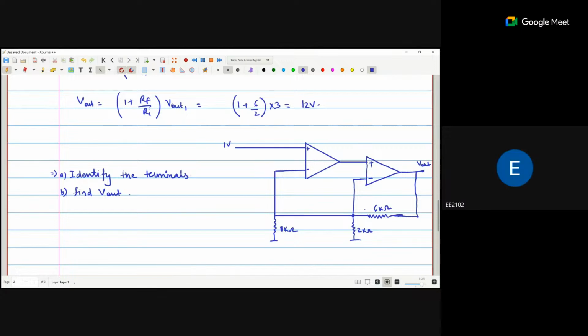Okay. Any other? Any other output voltage except 21?